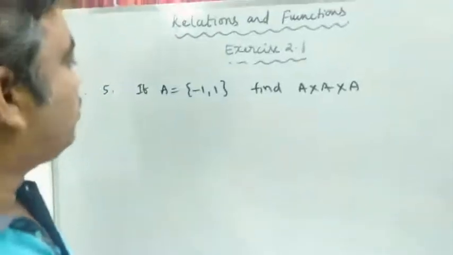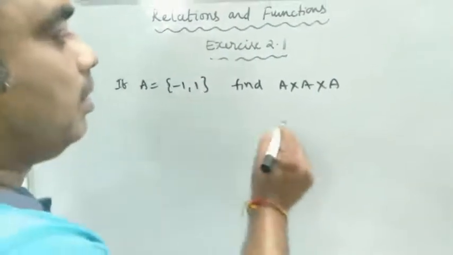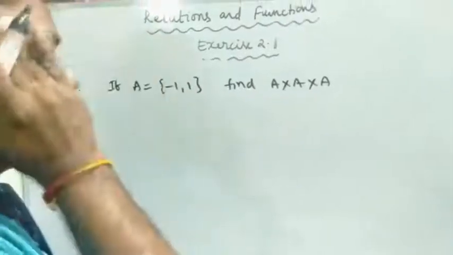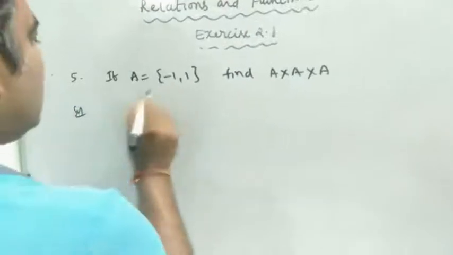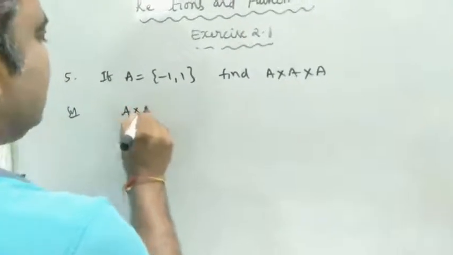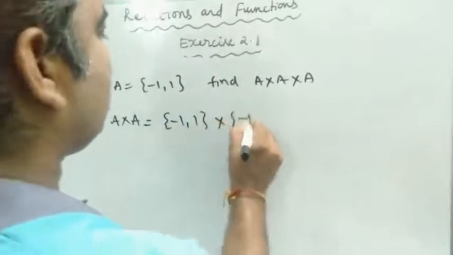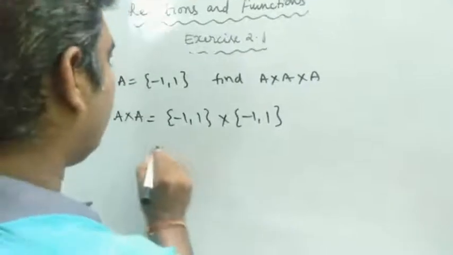See the fifth problem. If A is equal to the set containing minus 1 comma 1, find A cross A cross A. So first find A cross A. It is {-1, 1} Cartesian product with the same set of elements {-1, 1}.